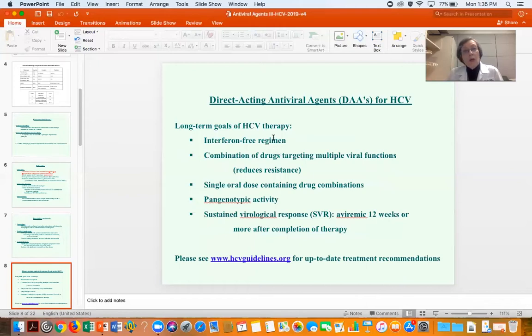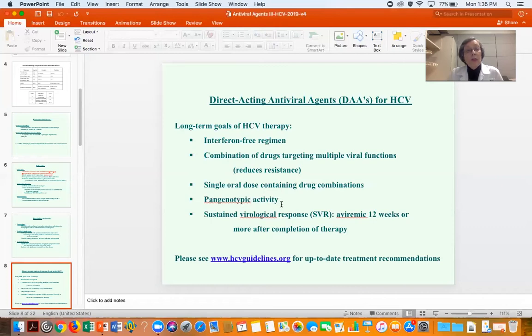So our goals long-term for therapy for HCV, first of all, interferon-free regimens. Well, we've got that now. Combination drugs targeting multiple viral functions, and this leads to reduction of resistance, and you'll see that we have that. Single oral dose given once a day, and it contains the drug combinations. You'll see we have that.